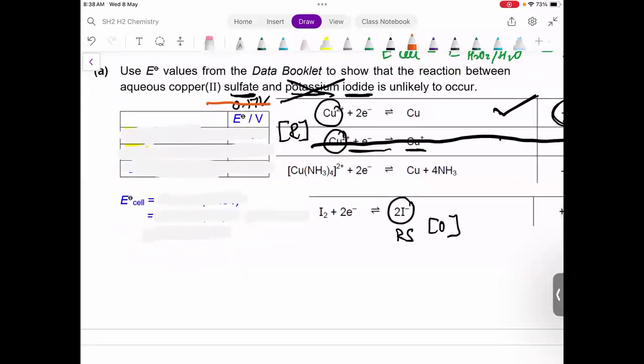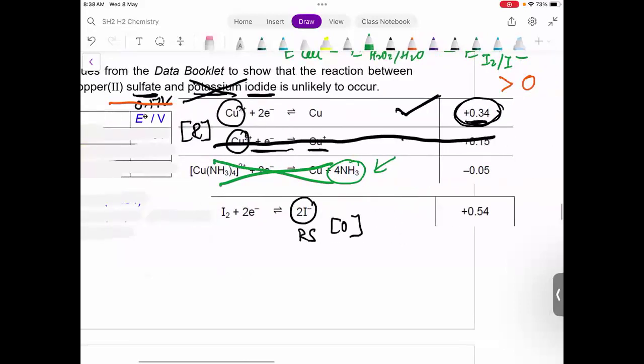Please take note, this one is not considered because there's no ammonia provided in the system. This only becomes relevant if there's ammonia provided. So you must choose carefully. Not any random copper 2 will apply. Of course, if you compare the E0 values, this one is negative, so it will be out of the picture, but that's not the only reason.